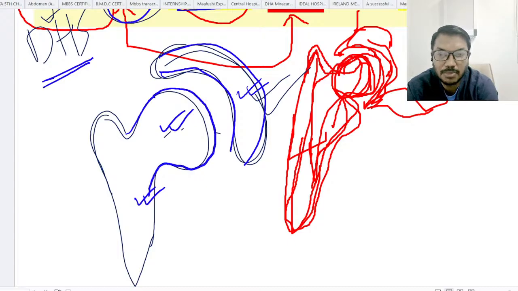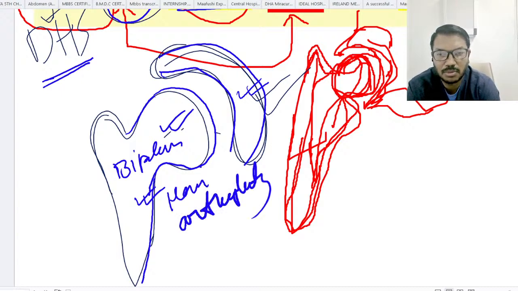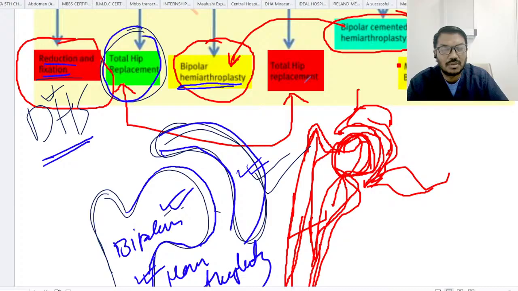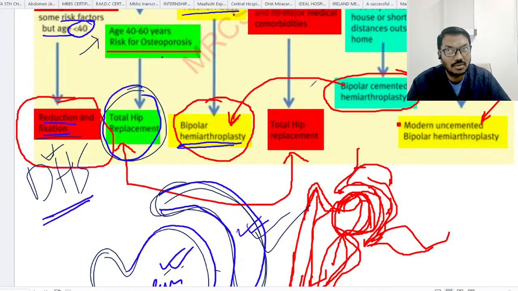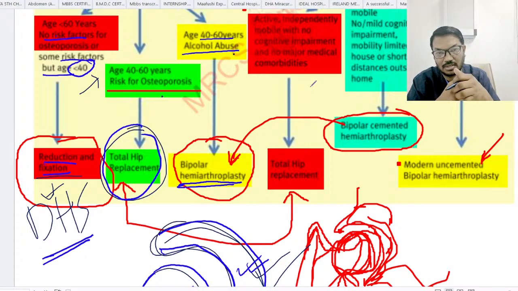But in bipolar hemiarthroplasty, we only change this one. In the hip, we don't do anything because his hip is not good enough to support and hold this socket. You got it? Almost the same.